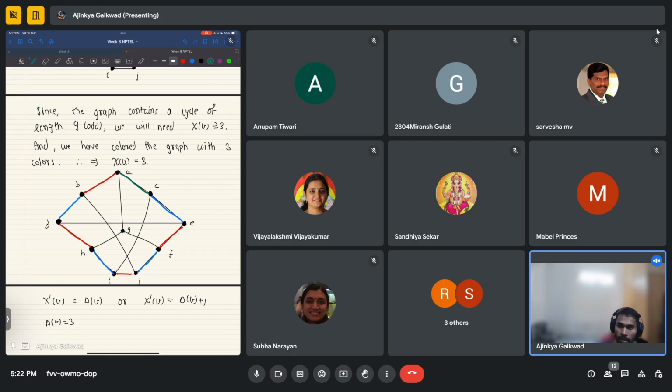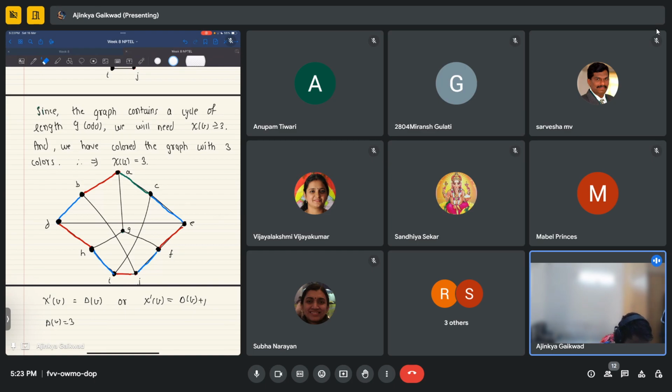I cannot use red, green, or blue for CI because there are 2 edges adjacent to C, CA and CE, one colored blue and one green. And for I, one is blue and one is red, right? So clearly, at least with this coloring, we cannot make it 3.